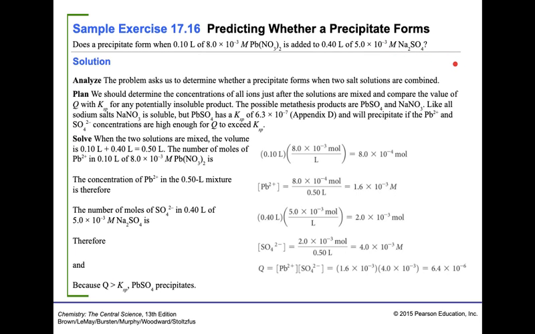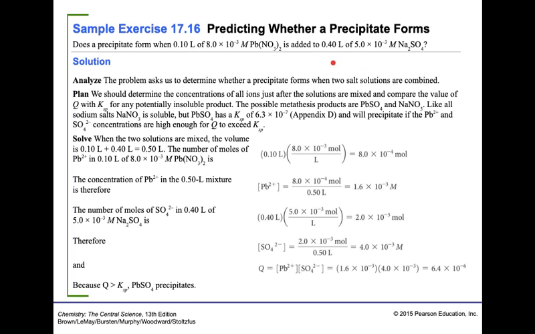I just threw all that up there, but we'll break it down piece by piece. The problem just wants us to know whether a precipitate forms. Whenever you see that, think to yourself: they're either going to ask me about solubility rules, or they're going to ask me to calculate a Ksp or a Q and compare the two.